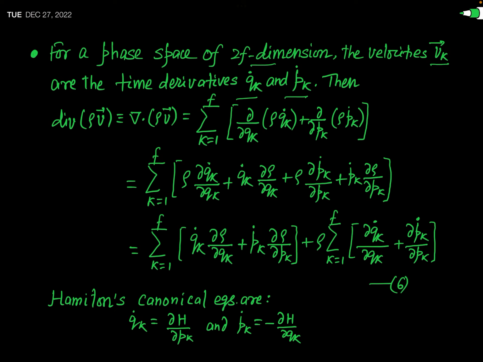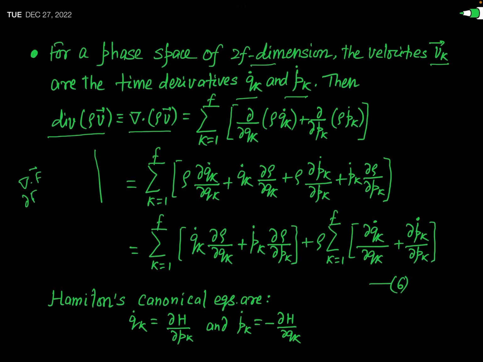So taking the time derivatives qk dot and pk dot as velocities in phase space of 2f dimension, what will be this term, divergence of rho v? You know, this divergence of rho v is equivalently written as del dot rho v. And when you define del dot f, definitely you have an idea of divergence of a vector function.